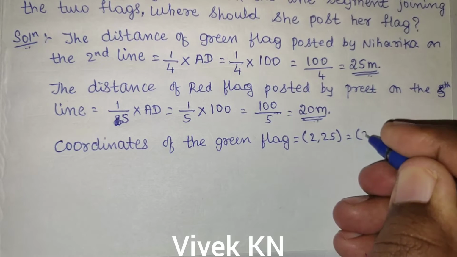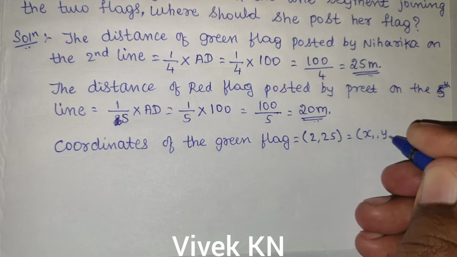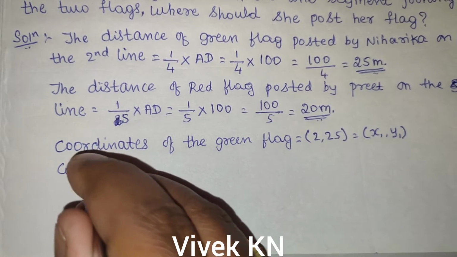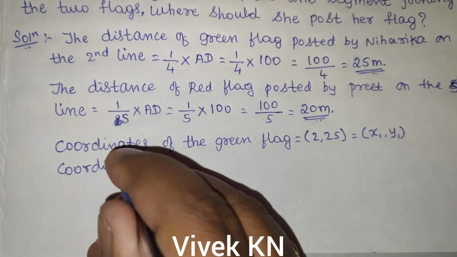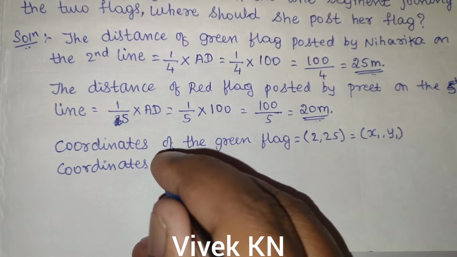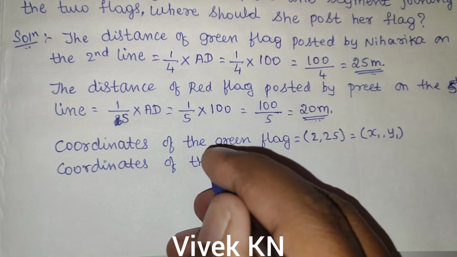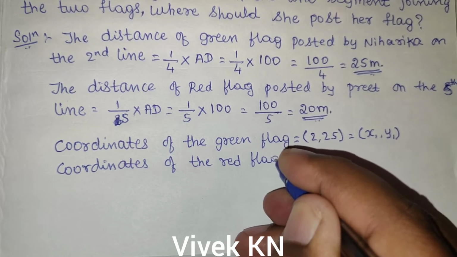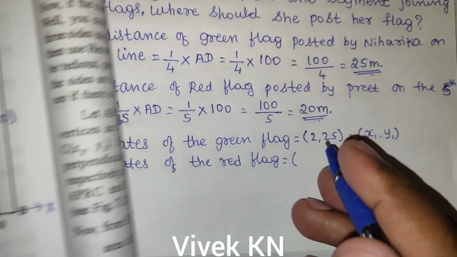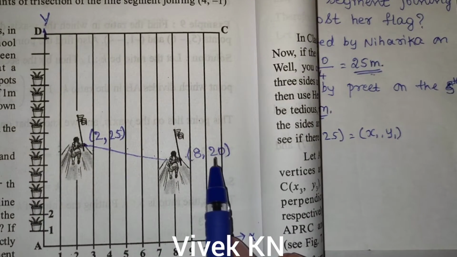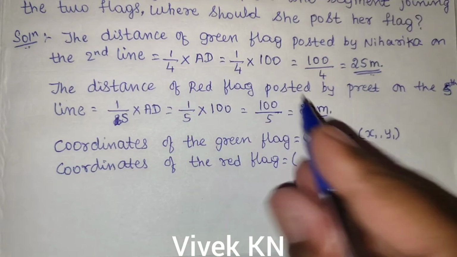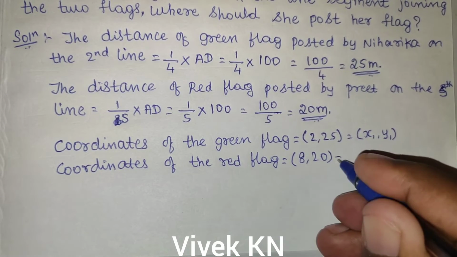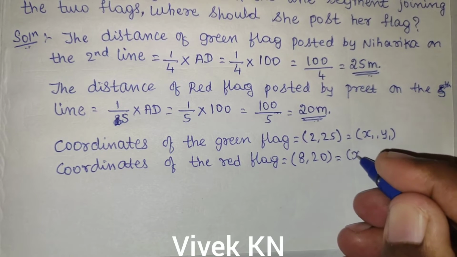This is x1, y1. Next, coordinates of the red flag is given by 8, 20. So this is x2, y2.